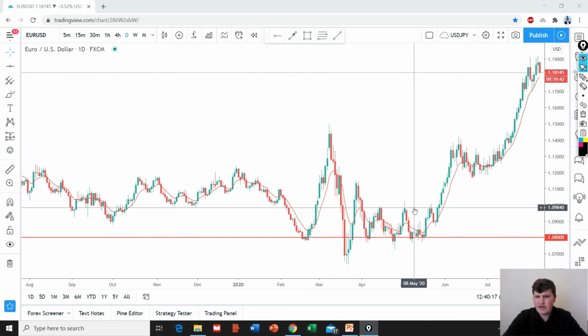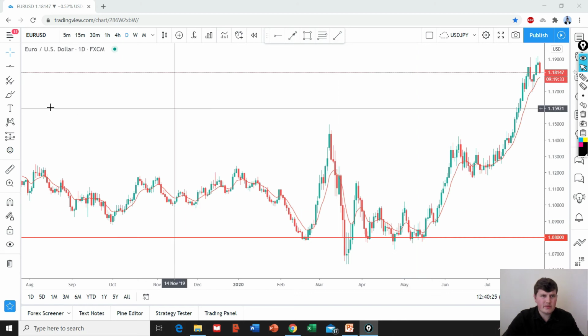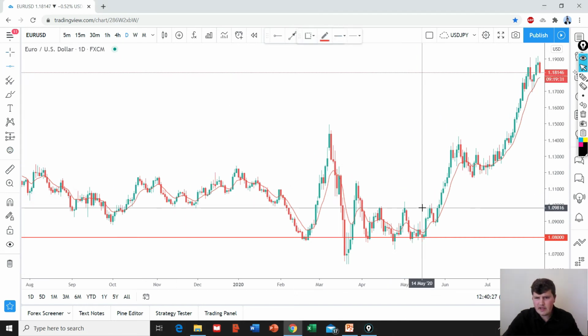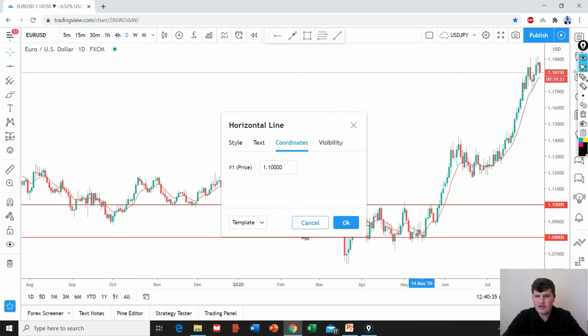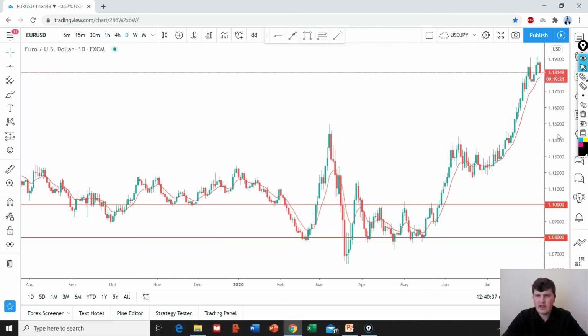Now, another really good psychological level would be the 1.1 mark, and I'm going to add another horizontal line over here. Let's just edit it, 1.1, and as you can see, look how good price reacted at this level in the past over here as well.